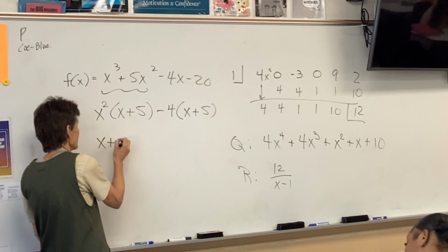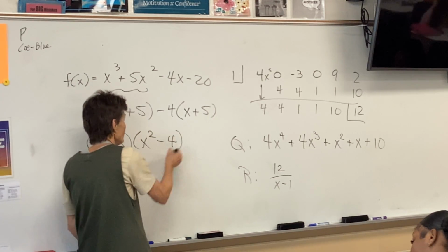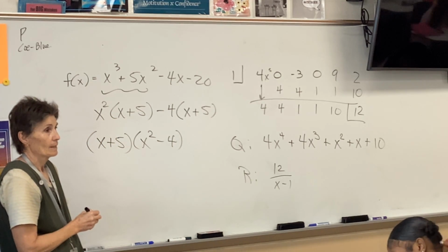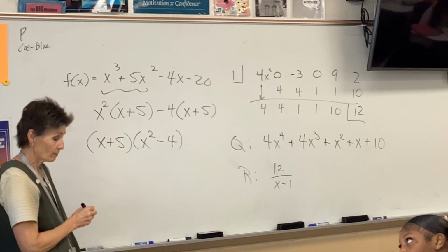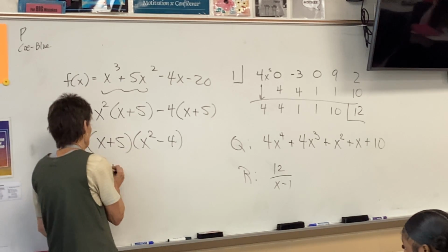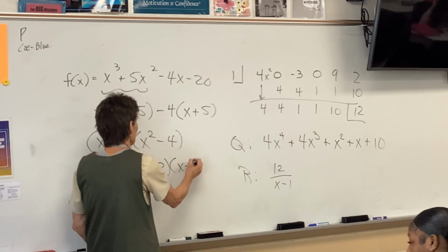And then we'll have x plus 5 and x squared minus 4. And what do we know about x squared minus 4? x plus 2, x minus 2.